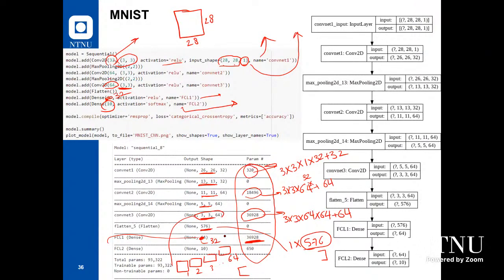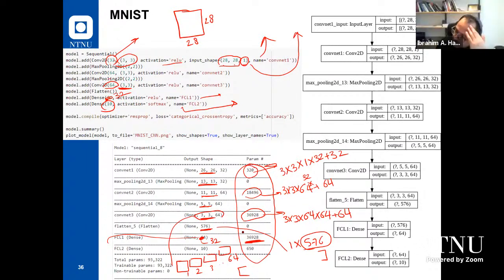So do you know, Olga, how we get this number? 576 multiplied by 32 plus 32. When we flatten, we put those feature maps into one vector notation, and we connect each pixel value with a fully connected layer.